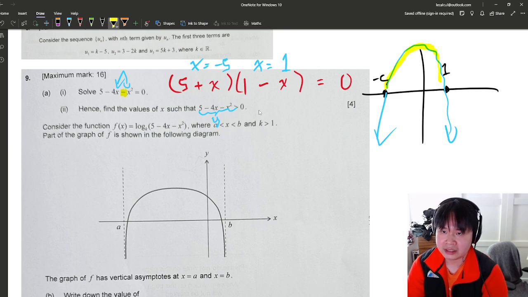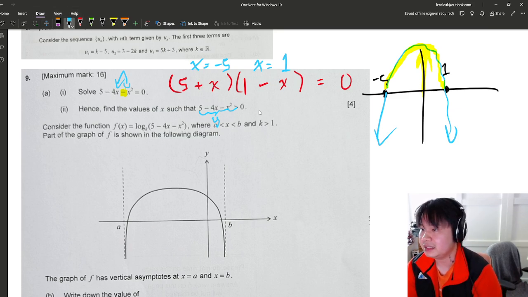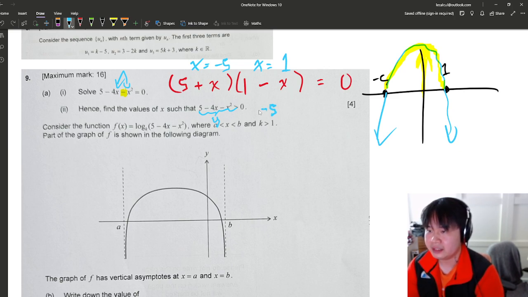All of these are greater than 0. Right? Our y values. So this is x between -5 and 1. So we can just write that down.